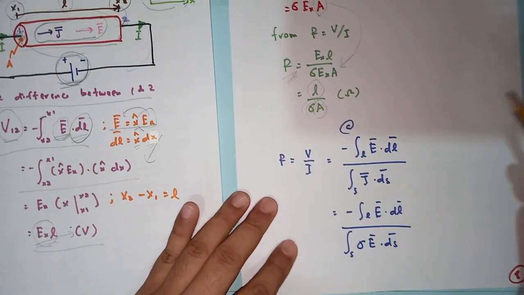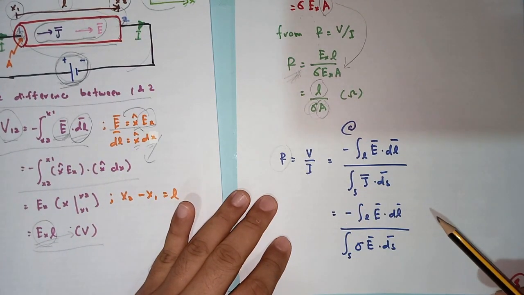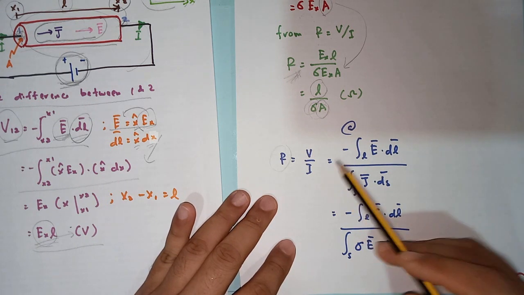Or we can derive the expression for the resistance R by using vector elements.